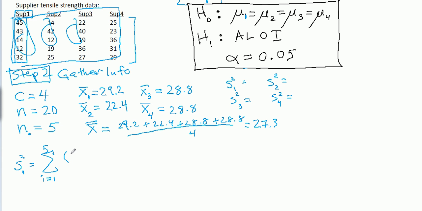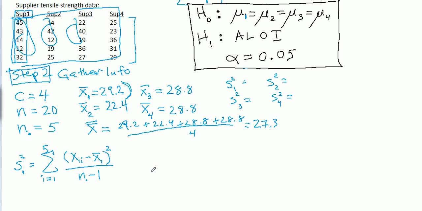I take each of the observations from supplier 1, so that's an x 1 and then an i, subtract the mean, which I calculated here, and then I square that. And then after I'm all done, or as I go through it, I divide by n minus 1. In this case, n is n dot, right?